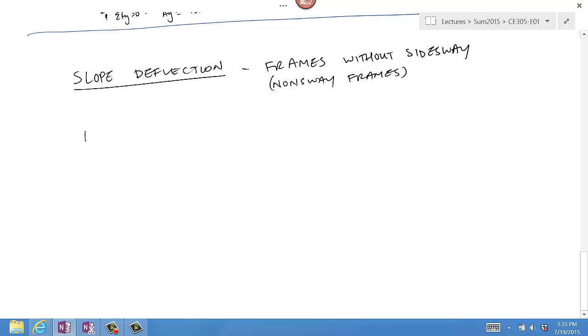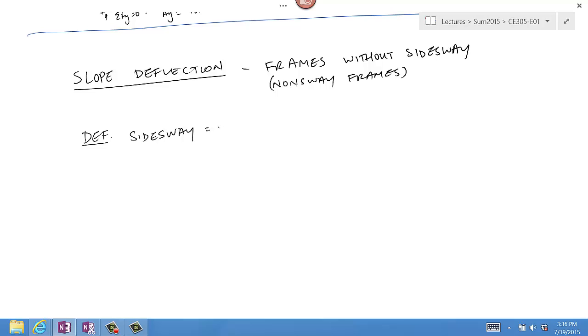In order to understand the difference, we have to understand what it means for a frame to undergo side sway. It's quite simple actually. Side sway is basically just the lateral deflection or the lateral rigid body translation of a frame at the floor level.